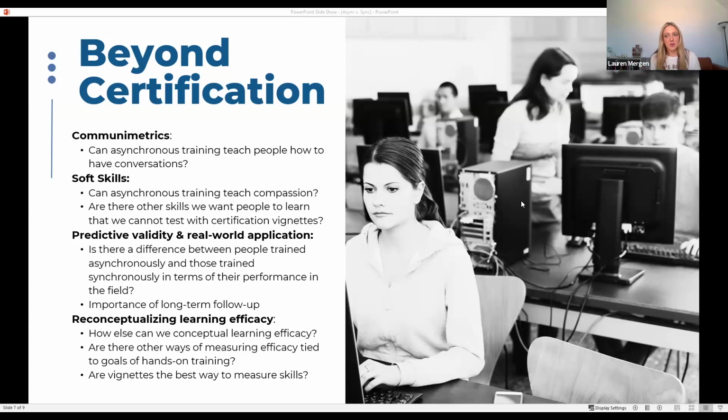So a question that we've asked ourselves is, is it better to just get the certification training over with first, and then they can go to a live training after they've been certified, so that they can really focus on some of these soft skills that we might want to train in the coming metrics portion of TCOM.